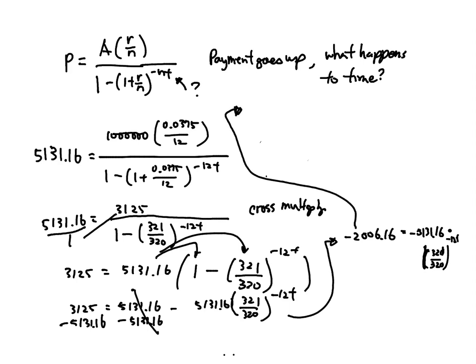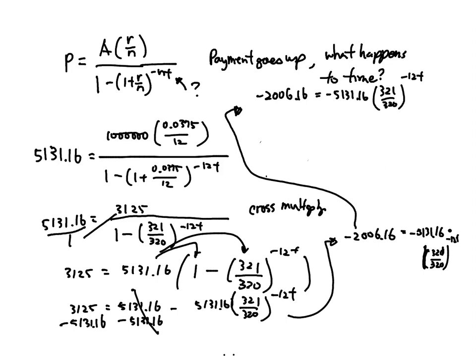So let me just recopy that over: negative 2006.16 equal negative 5131.16 times 321 over 320 raised to the negative 12t.